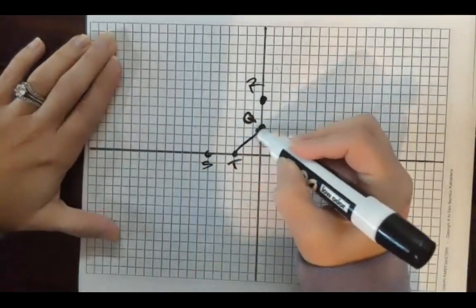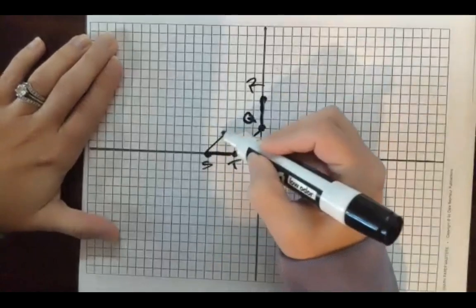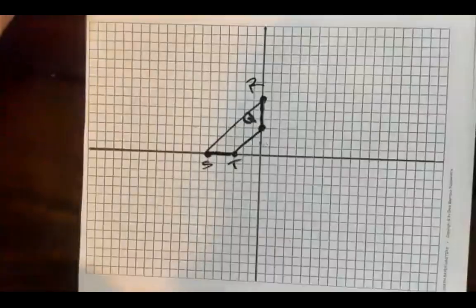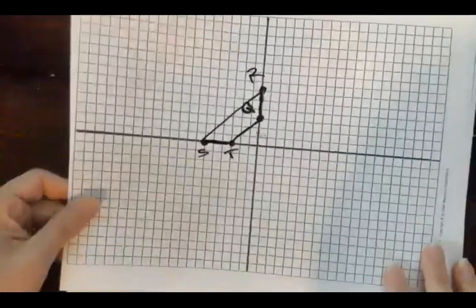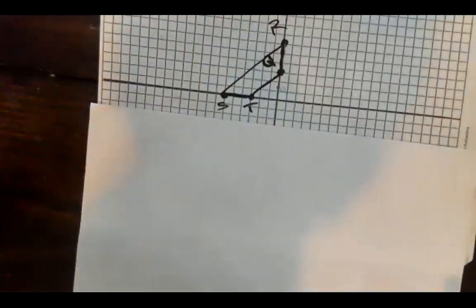So they want to know if this is a trapezoid and if it is isosceles. Okay, so for a trapezoid, we only have to have one set of parallel lines, right?